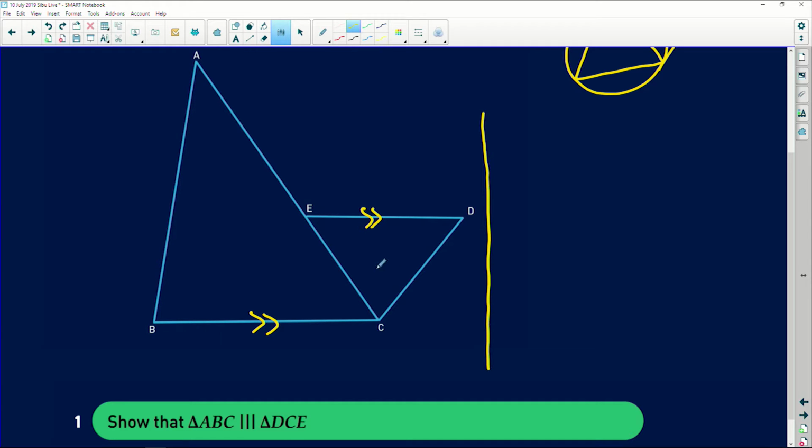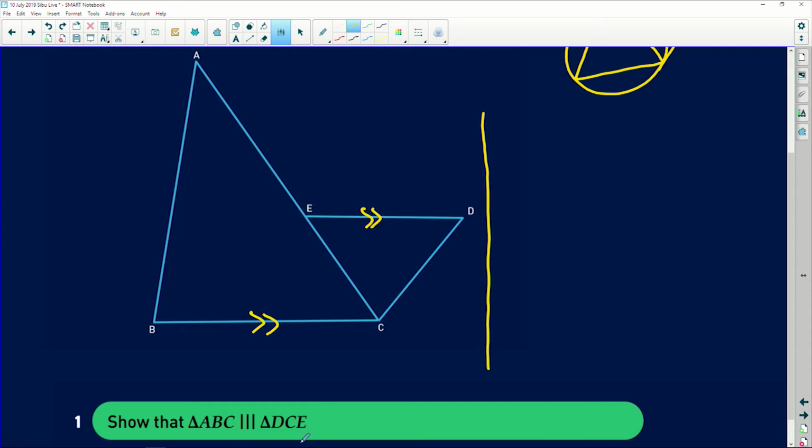Since A is the first letter in the first triangle, it has to be equal to angle D in the second triangle. B in the first triangle has to be equal to E in the second triangle. That is basically what we need to prove. And then the last one, C, has to obviously also be equal to E.